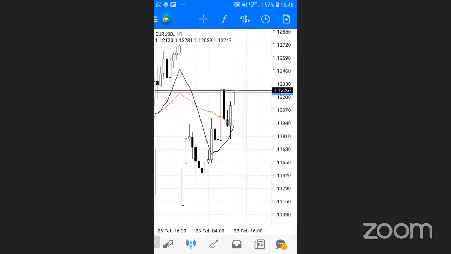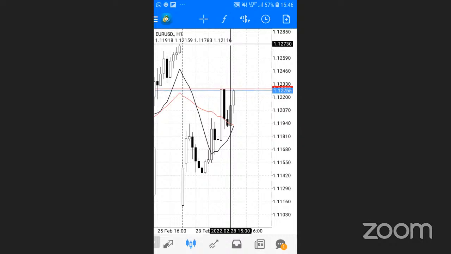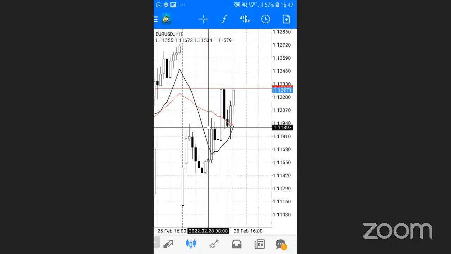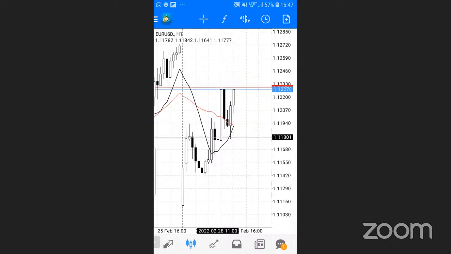It has not retested, right? So you have to wait for this price to travel as far as it wants to travel. I don't know how far. When it's traveling, the moving averages will try to cross. Now the 10 MA will cross above the 20 MA, stabilize and follow the trend.